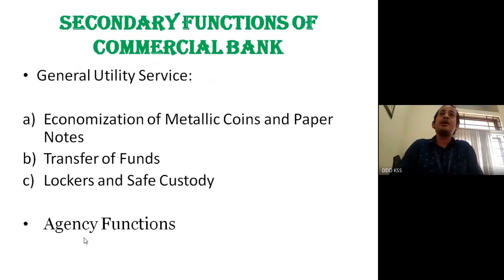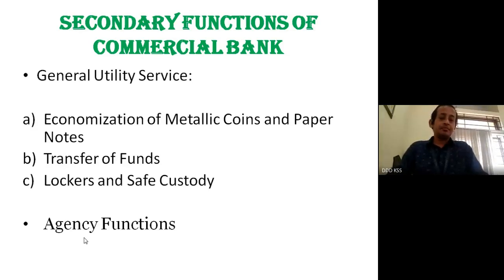Then next, we'll talk about the secondary functions of commercial banks. In the secondary functions, there are two types of services or functions that commercial banks perform. First is general utility services, and second is agency functions or agency services. In general utility services, there are three types of service a bank provides. First is economization of metallic coins and paper notes.